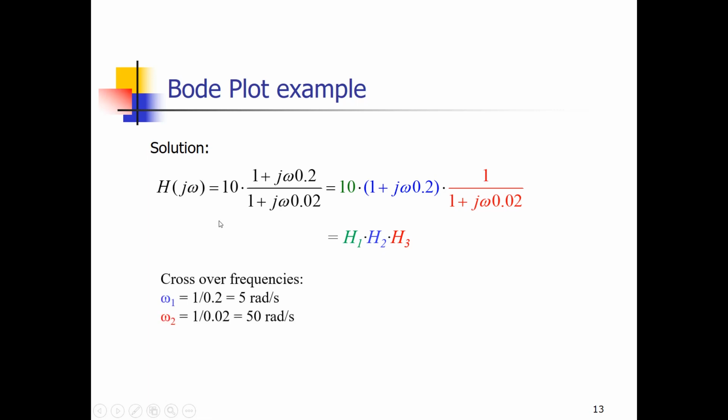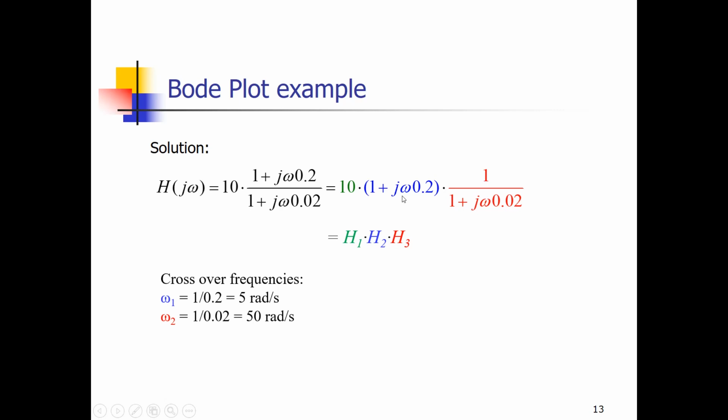Well, let's start off with defining the crossover frequencies. Well, the green one does not have a crossover frequency because there's not a j omega in this transfer function. The blue one has one because this is again a complex number with a real part and an imaginary part.